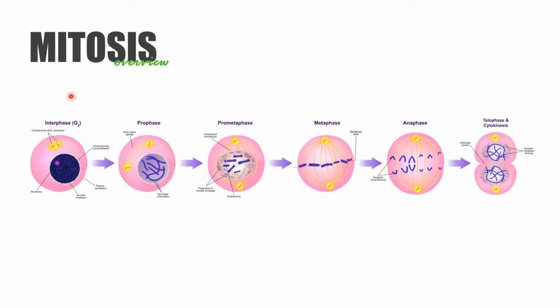Okay. So interphase, G2 phase, ayan na siya. It's going to proceed with prophase. Okay. Prometaphase, which is a stage between prophase and metaphase, so it's easy to remember. Metaphase, and then anaphase, and the last one is telophase and cytokinesis. Some references are saying that cytokinesis is happening after telophase.